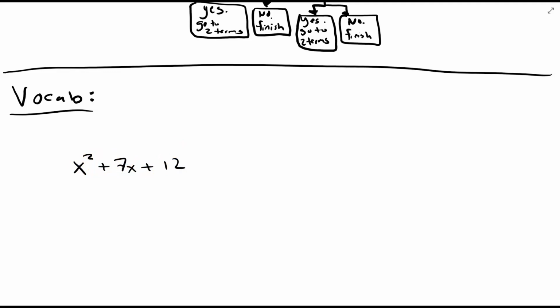So let's say we have x squared plus 7x plus 12. That's an example of a polynomial, right? Can we factor this polynomial? Should be something that's easy for you to do. What does this factor to?